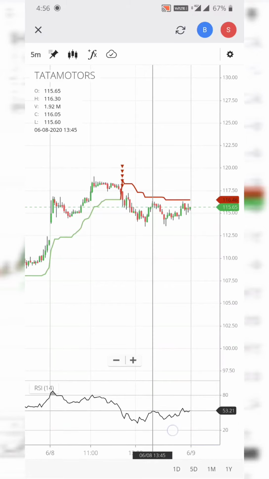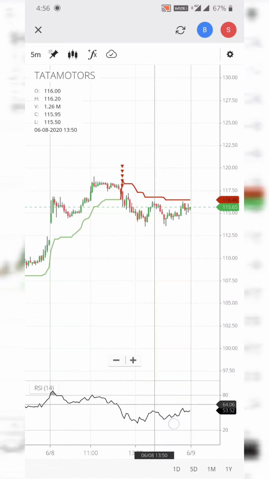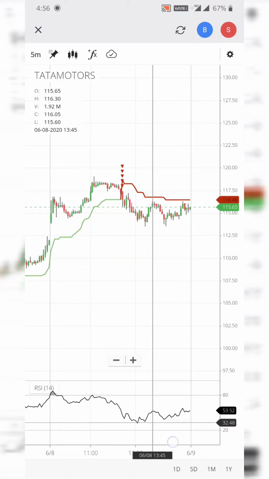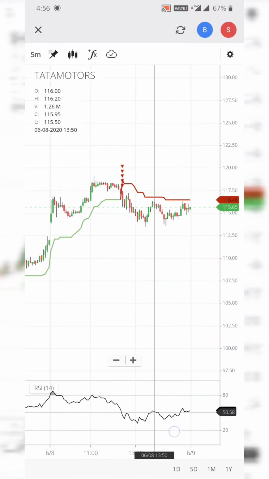In between is called the neutral zone. We usually take any moves above 60 and below 40. In between these two values we will not trade, because we consider that a neutral market.